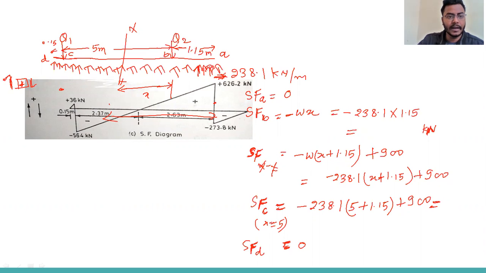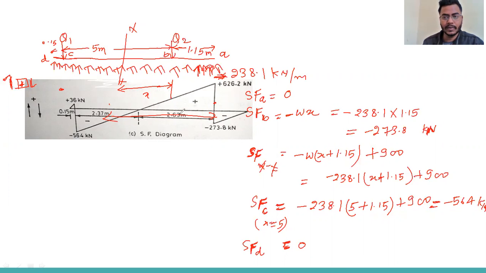Now I can write the values, and you can check whether you're getting the same values or not. So the shear force at B will be minus 273.8, and the shear force at C will be minus 56.4 kilonewton. Here this value is minus 273.8. If you calculate at the point from the left side, you will see there is a change of 900 kilonewton, because 900 kilonewton is a concentrated load acting at that point.